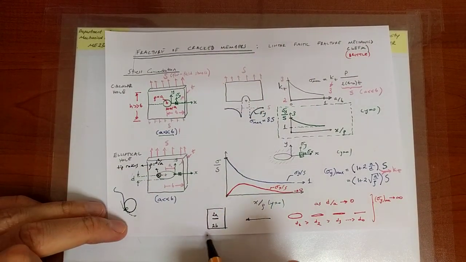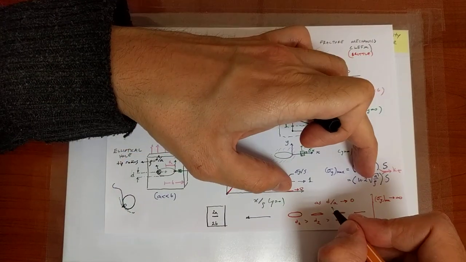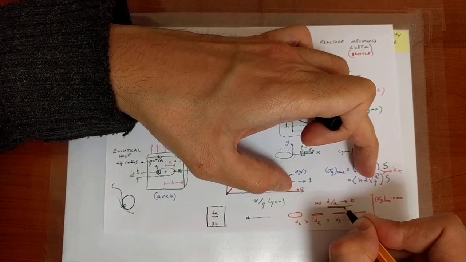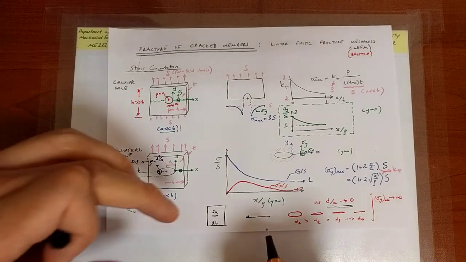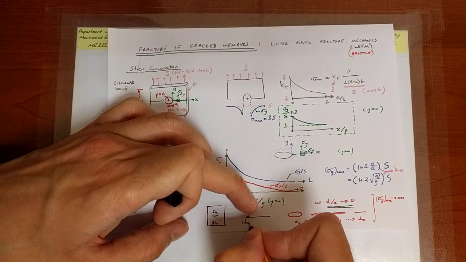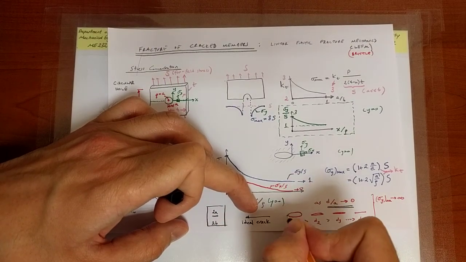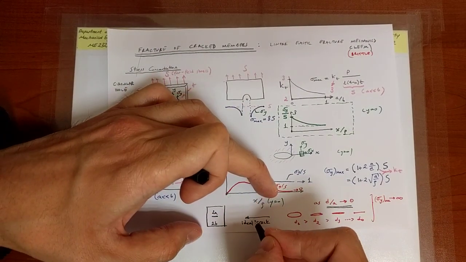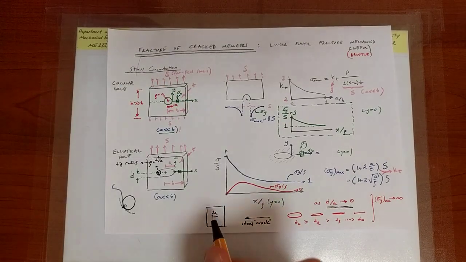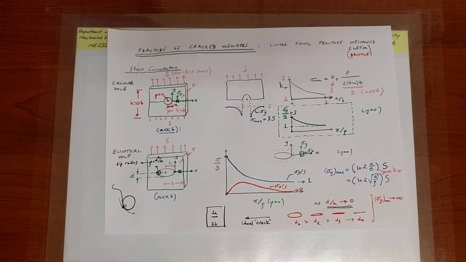From now on, this is what I'm going to assume: that the tip radius is very small, such that we have an ideal slit or a crack-like geometry of the elliptical hole. So that's our definition of a crack. And instead of drawing the picture like this, I'm going to just go ahead and draw the picture as such. That's our point of departure for the upcoming analysis.